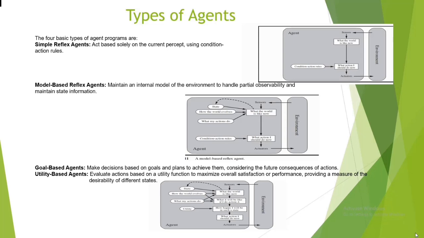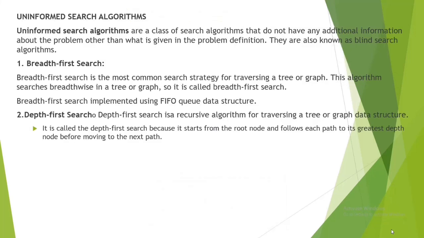Goal-based means making decisions based on the goal and planning to achieve it, considering future consequences of actions. A utility-based agent evaluates actions based on a utility function to maximize overall satisfaction of the performance, providing a measure of desirability of different states. And then we can have uninformed search algorithms.